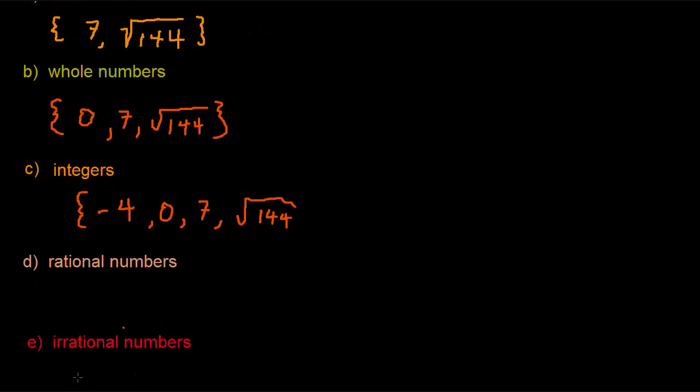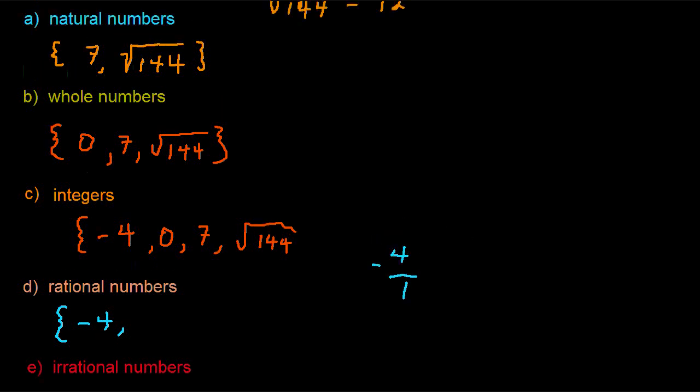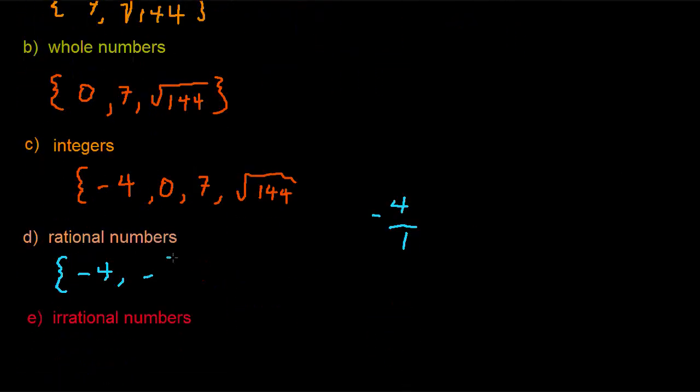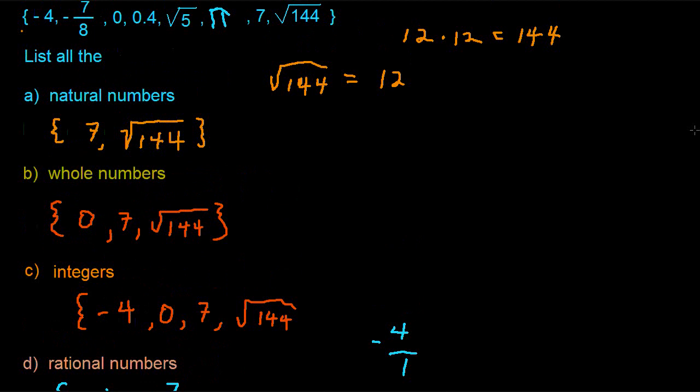A rational number is a number that can be expressed as a ratio of two integers, or as a repeating decimal, or as a terminating decimal. So for example, -4 can be expressed as -4/1. -7/8 is one integer over another integer. 0 can be expressed as 0/1. 0.4 can be expressed as 4/10 or 2/5.